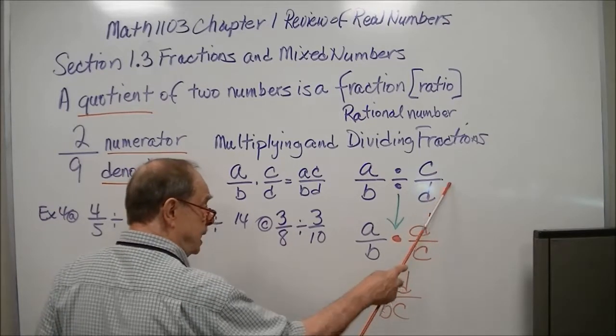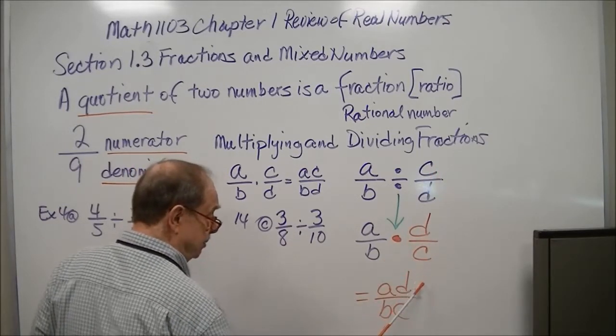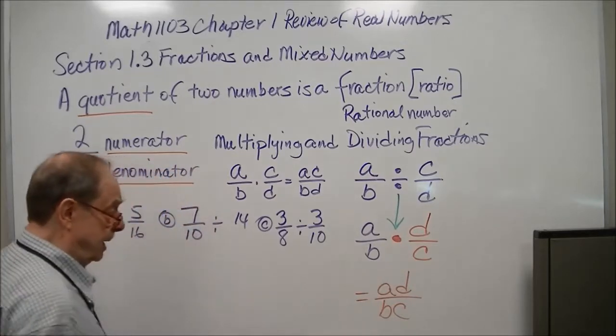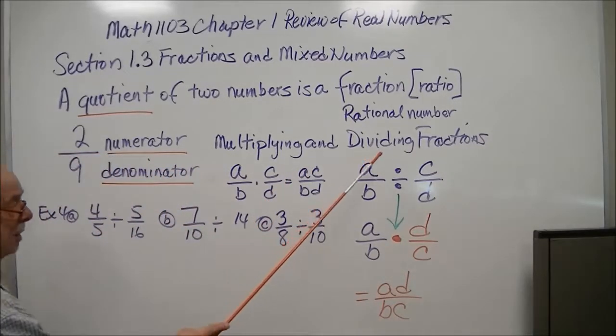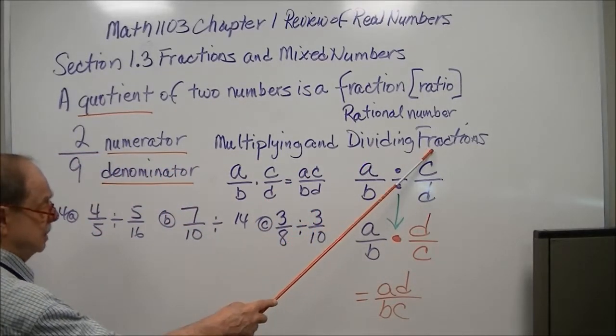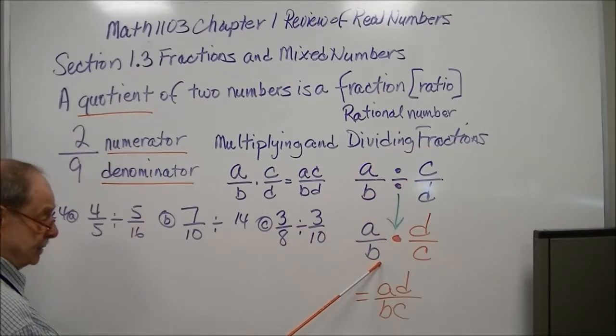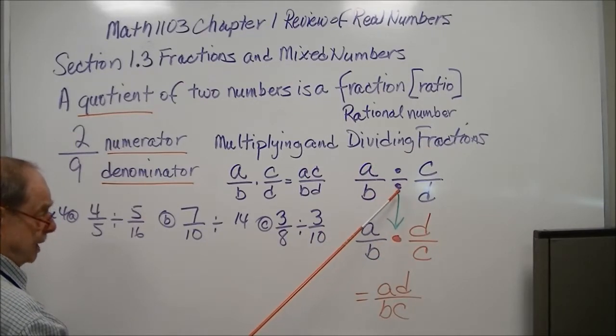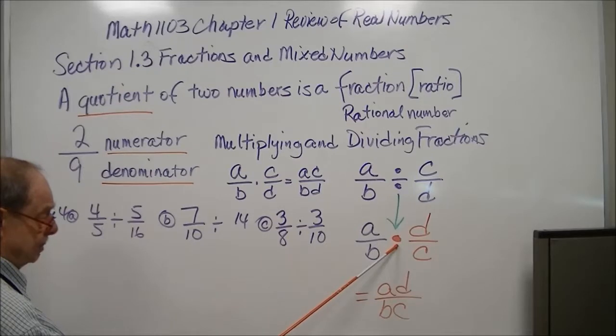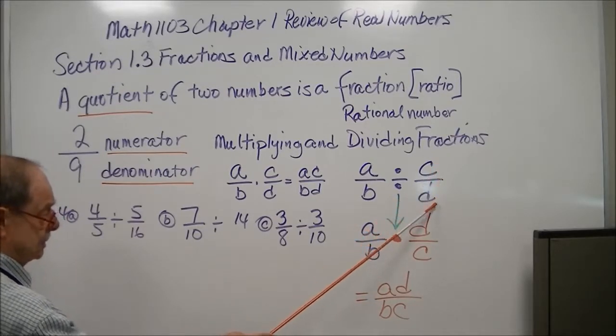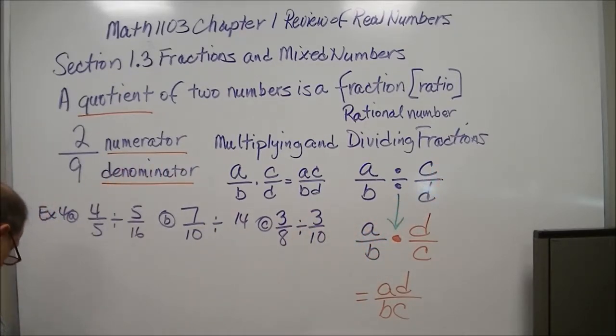The D goes on top, the C on the bottom, and then we multiply that. So actually, all division of fractions become multiplication of fractions by converting from division to multiplication, taking the reciprocal. So let's do that here.